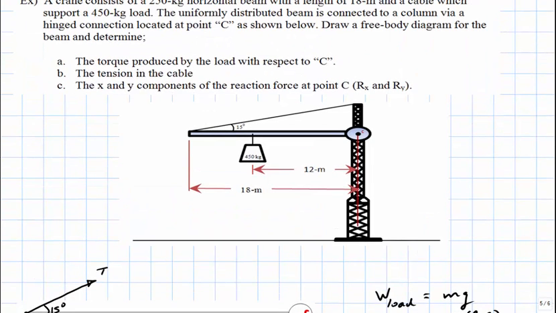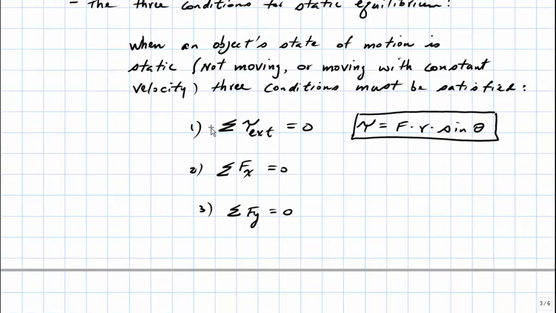In part B, we need to determine the tension in the cable. And in order to do so, we're going to apply the first condition of static equilibrium. The first condition of static equilibrium requires that we apply this principle. In other words, the sum of the external torques about the center of rotation must equal 0.